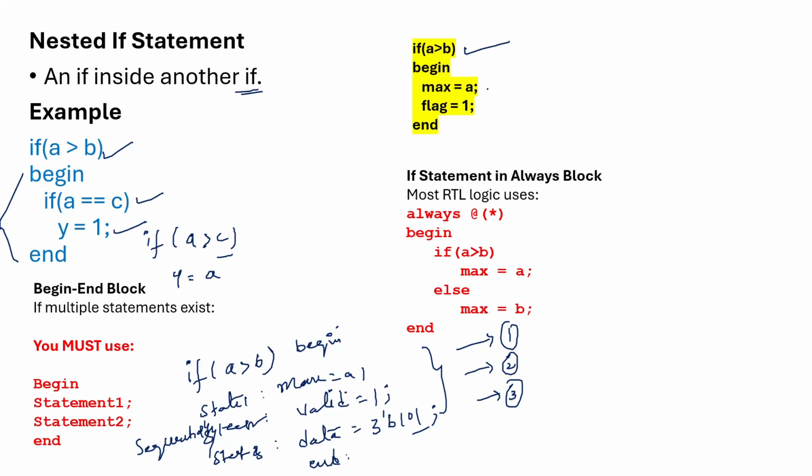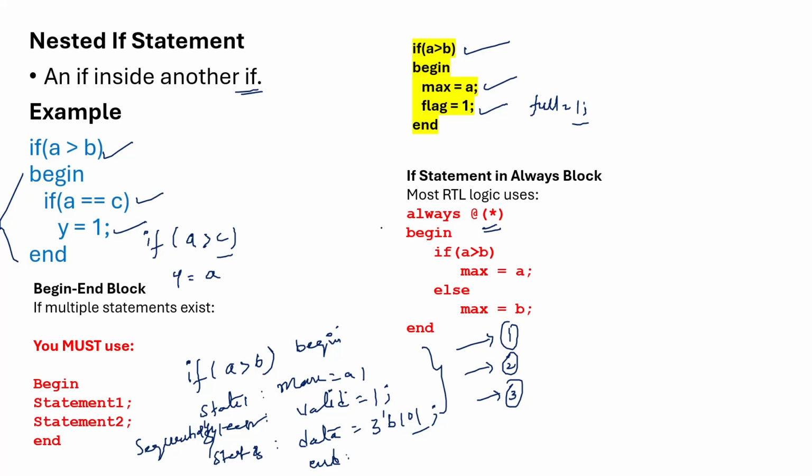If a greater than b, max equal to 1 and then flag equal to 1 or some other condition equal to 1. So based on that I will write many statements. And then sometimes we can also use an always block for the if condition. So this is if inside always @(*), this is the RTL logic usage.